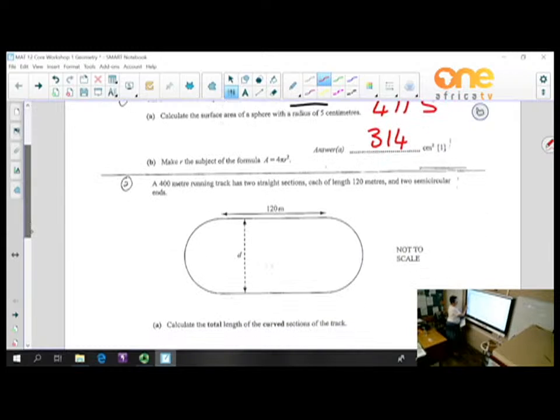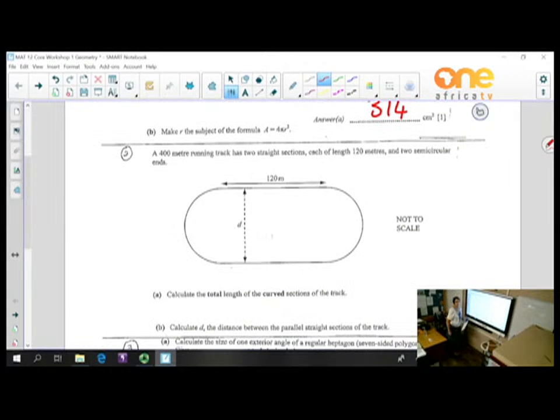The second one is actually algebra, where we have to change the formula, but this is why we are doing it. And R must now become the subject of this formula. So to have R alone here, I'm going to divide by 4 pi. Is equal to R squared.